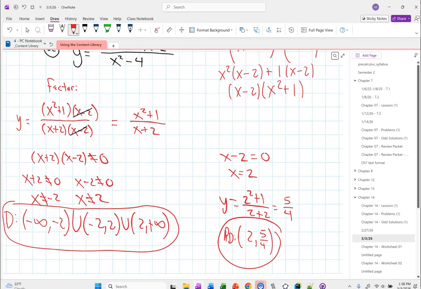The last piece I need is the vertical asymptote. How do I find the vertical asymptote? The reduced denominator set equal to 0.